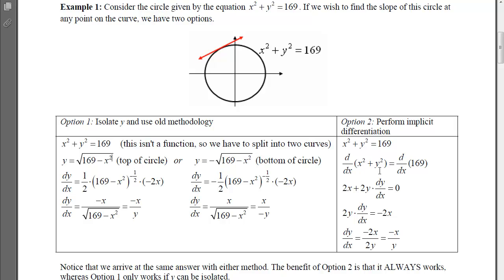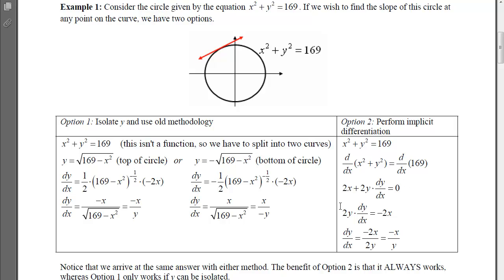If we look at the y squared term now, the derivative of y squared with respect to x will require me to hit the power first, so I'll bring the 2 down in front. I'll have a 2y to the 1 power, and then I need to multiply by the derivative of the inside. The inside in this case was a y, so the derivative of that y with respect to x gives me this dy/dx. And on the right side, we have the derivative of a constant, which is simply 0.